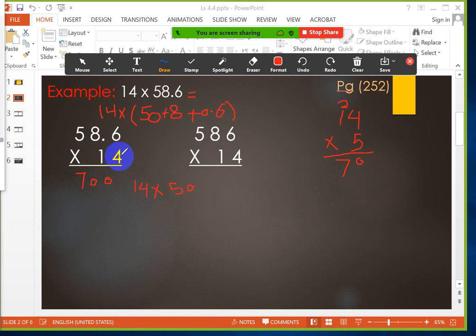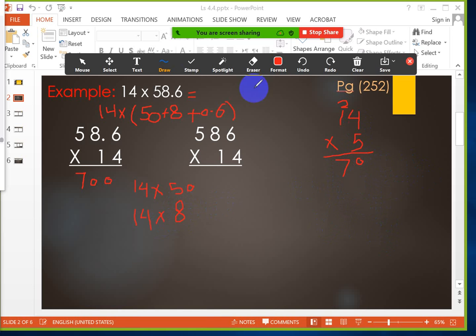The second step, I will multiply 14 with 8. Okay, don't write now. I think it's written in your book, this example. So 14 multiply 8.